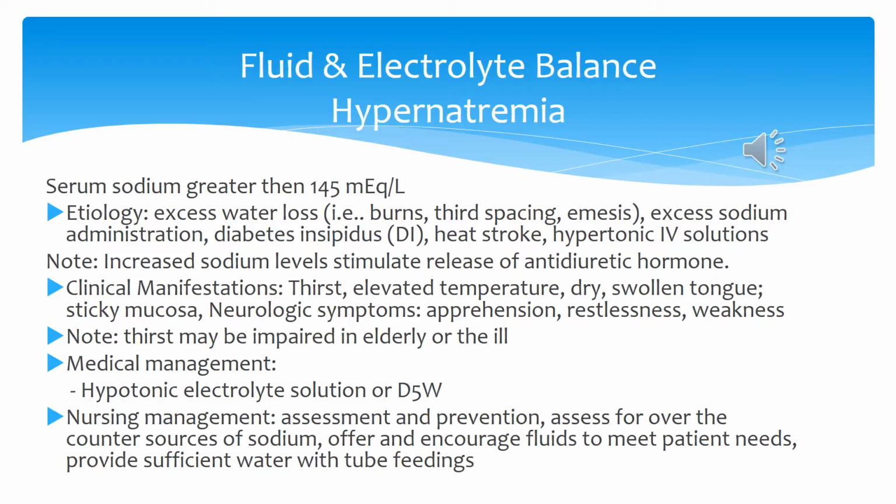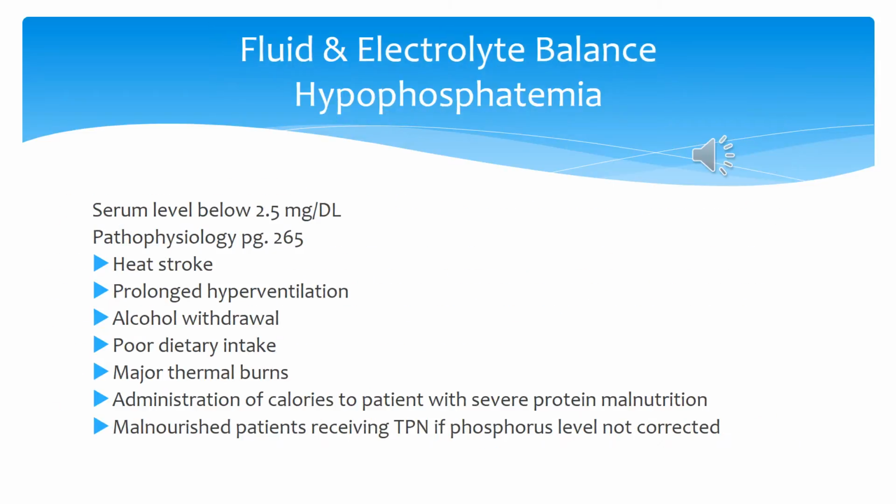In the exemplar hypophosphatemia, that is the serum level below 2.5 milligrams per deciliter. Hypophosphatemia may occur during the administration of calories to patients with severe protein-calorie malnutrition. This syndrome can be induced in any person with severe protein-calorie malnutrition, like patients with anorexia nervosa or alcoholism, or even older debilitated patients who are unable to eat.